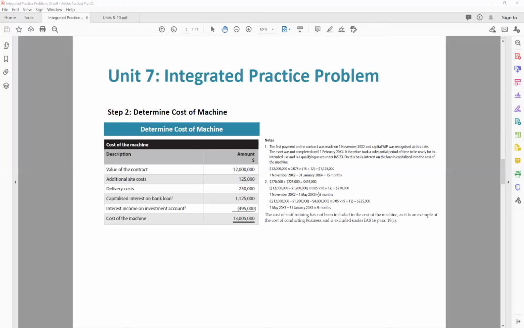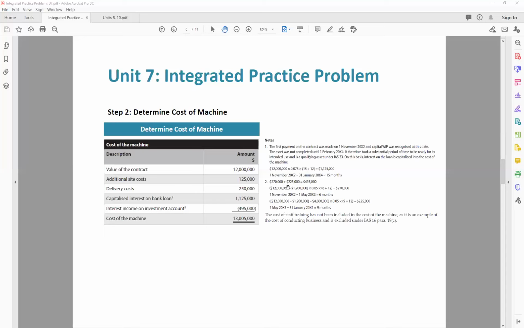And these were the amounts that were earning interest income on the investment account. And so you can see that there was a component here for an initial duration of 6 months. And then you can see there's a secondary component here as well, which is going to be for that 9-month period.